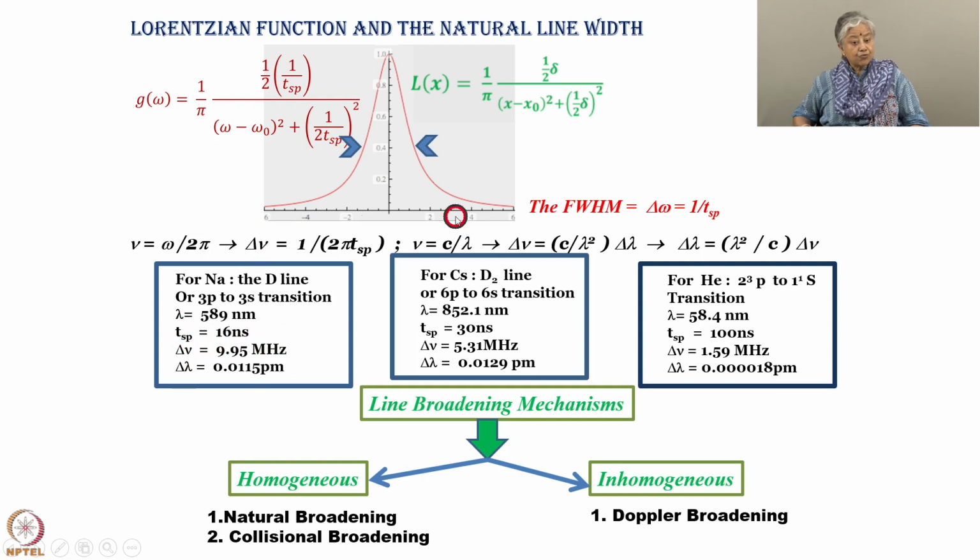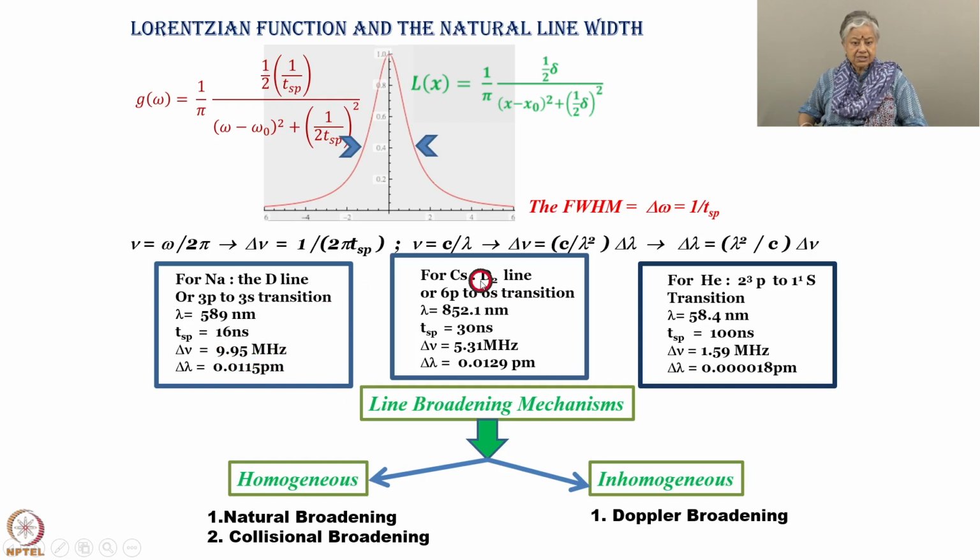But if you are giving full width half maximum in terms of delta lambda, it works out to be 0.0115 picometer. Pico is 10 to the power minus 12 meter. Okay. So, these are the units, you just get a comparison.